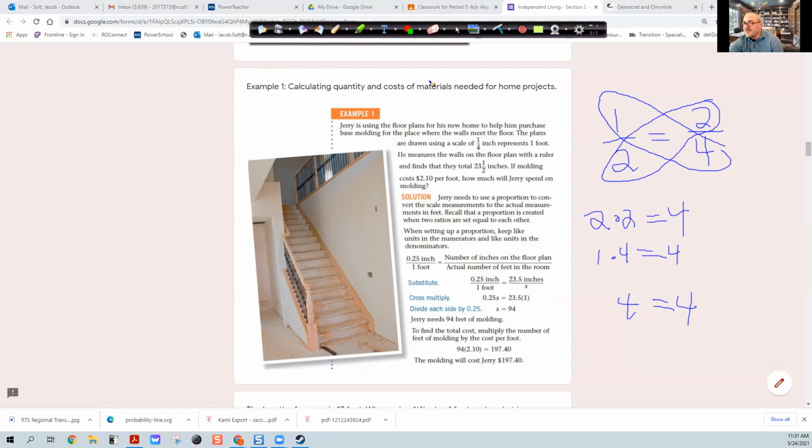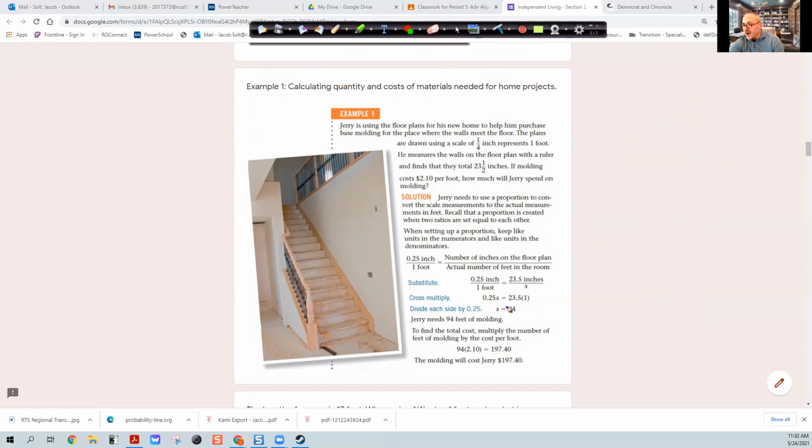In this situation, we have the x, so we're cross multiplying. We're taking 0.25 times x, and then we're cross multiplying 23.5 times 1. Whoops, I didn't want to include the x there. I need to erase that.